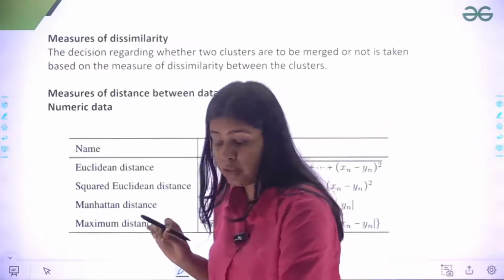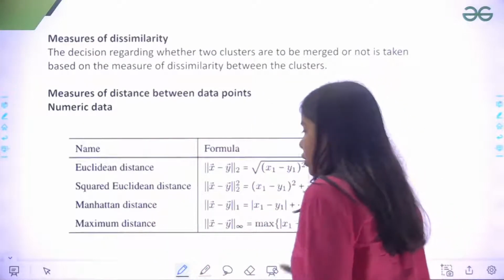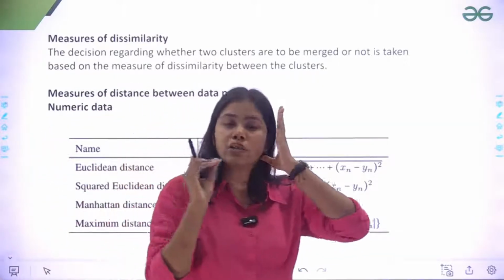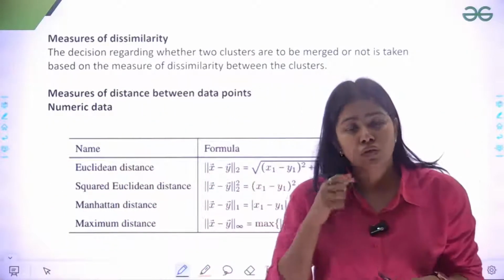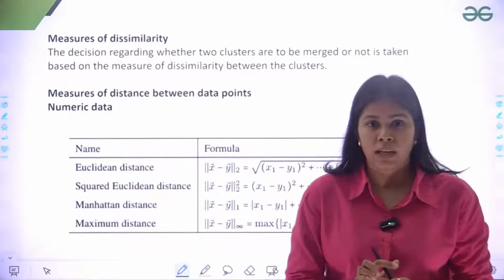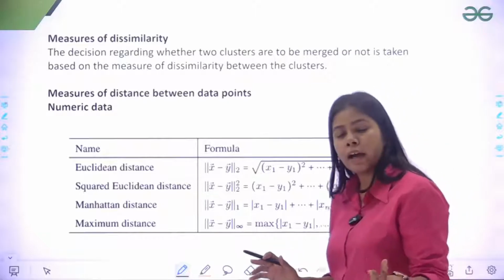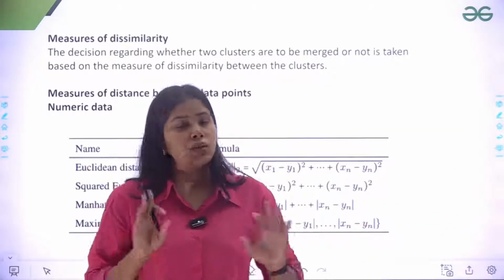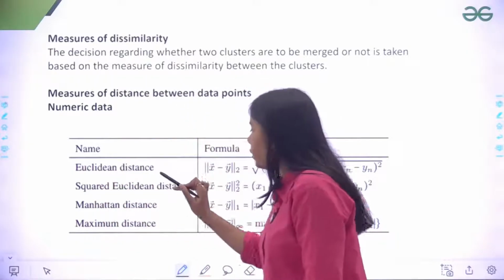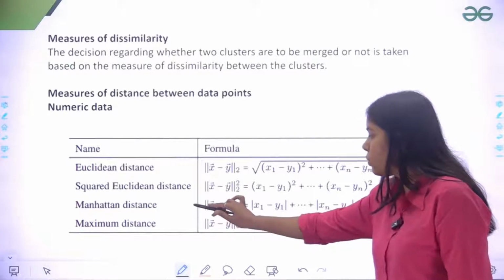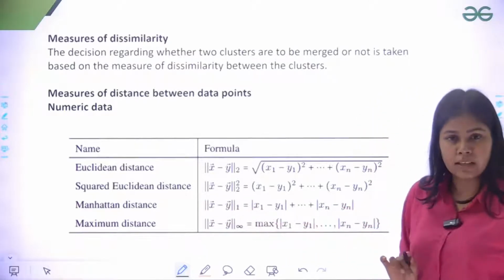But the important point we have discussed is the measure of dissimilarity. How do I join any two clusters? I join them using a measure of dissimilarity. First of all, if we have to find the distance between any two single points, I can find it using these distances: Euclidean distance, squared Euclidean distance, Manhattan distance, and maximum distance.